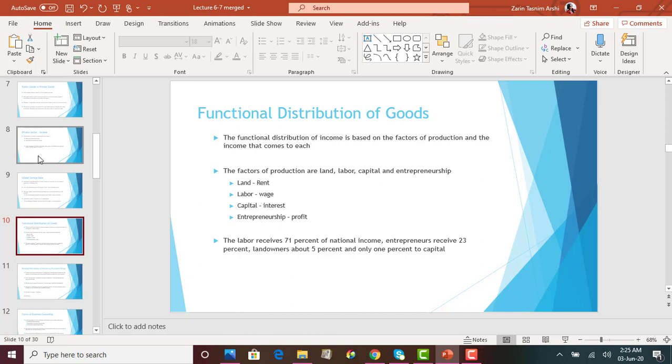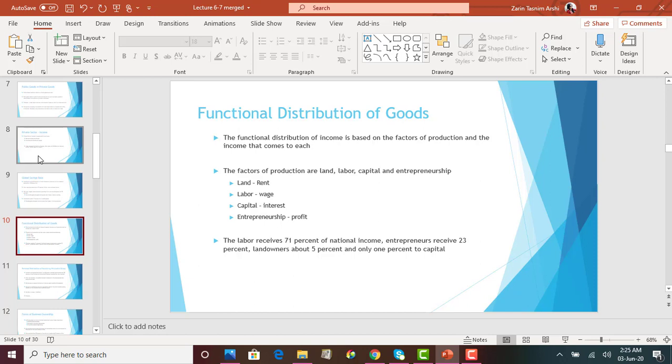Based on the data, we see 71% of the total national income comes as wages to labor. So most of the income that we see is as wages, the work that we do, the salary, the wages that we earn, that is 71% of the national income. This is followed by profit, so 23% of the income is earned by entrepreneurs as profit.